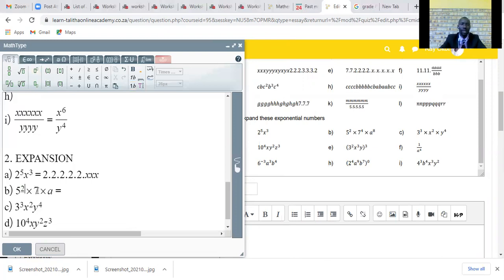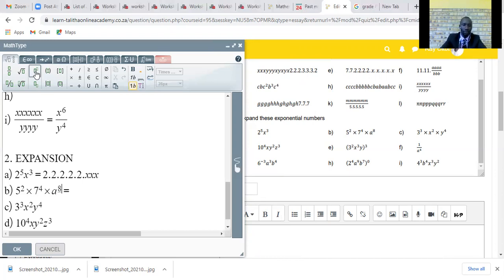So we write it right away. Then A. A has got exponent 8. Yes. That's what we got.